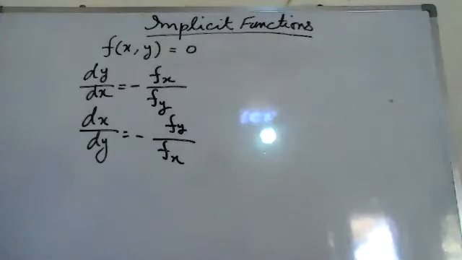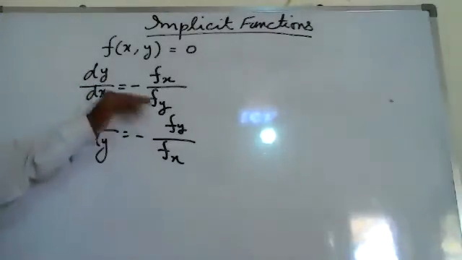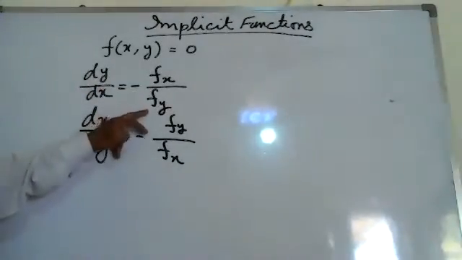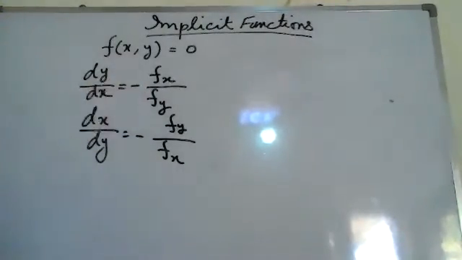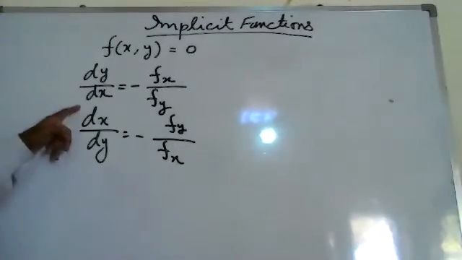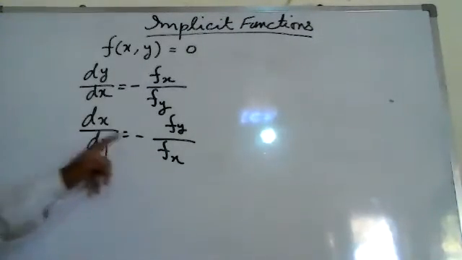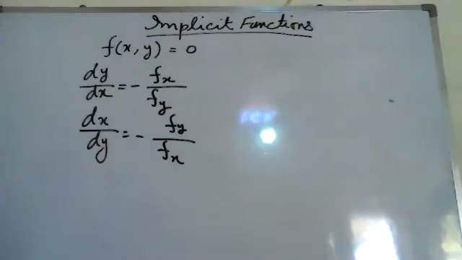So just remember, if it is dy in the numerator, then f of y comes as the denominator, and dx, which is the denominator, becomes f of x in the numerator. In the same way for dx upon dy, dx is the numerator and dy is the denominator.